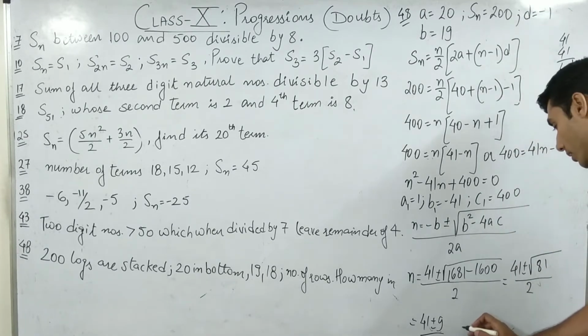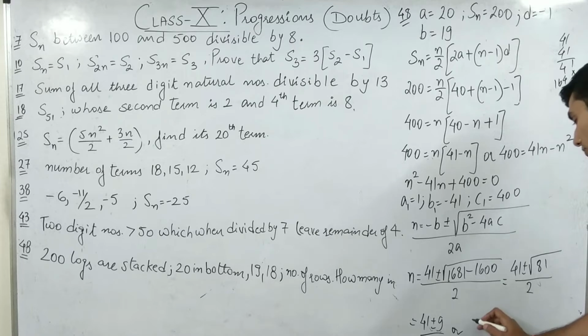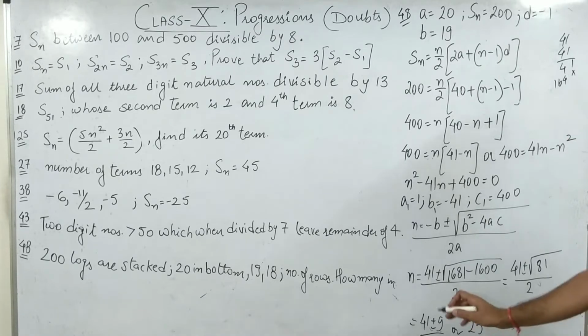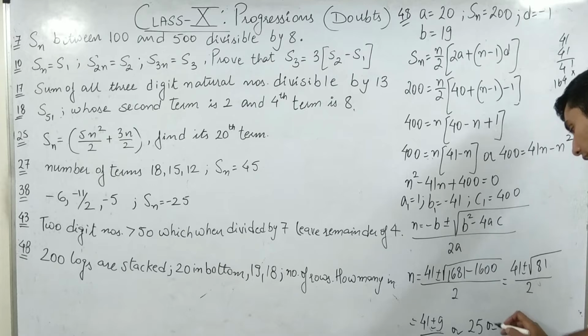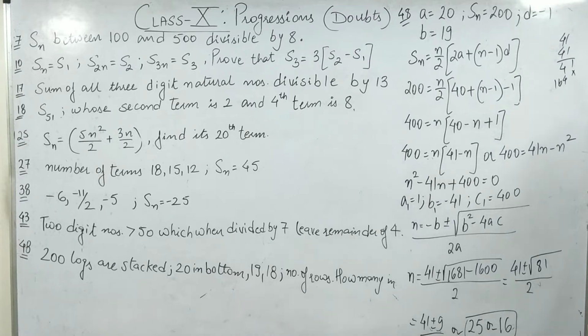Then 41 plus 9 is 50 by 2, which comes out as 25, or 41 minus 9 is 32, by 2 comes out as 16. So either the number n is 25 or the number n can be 16.